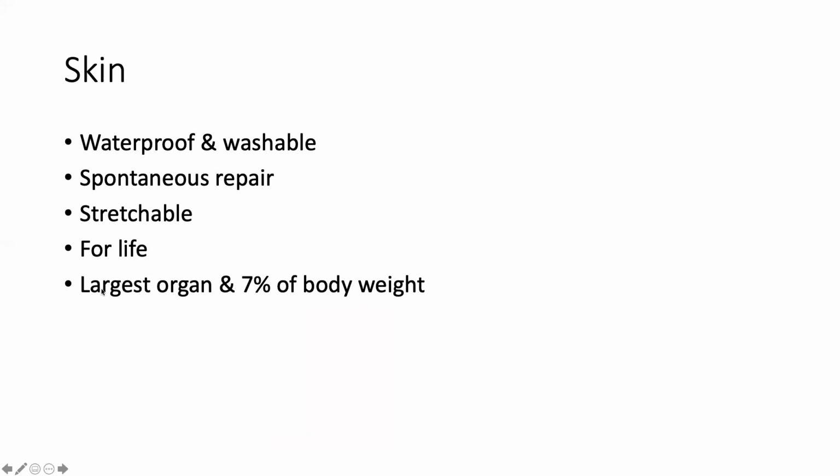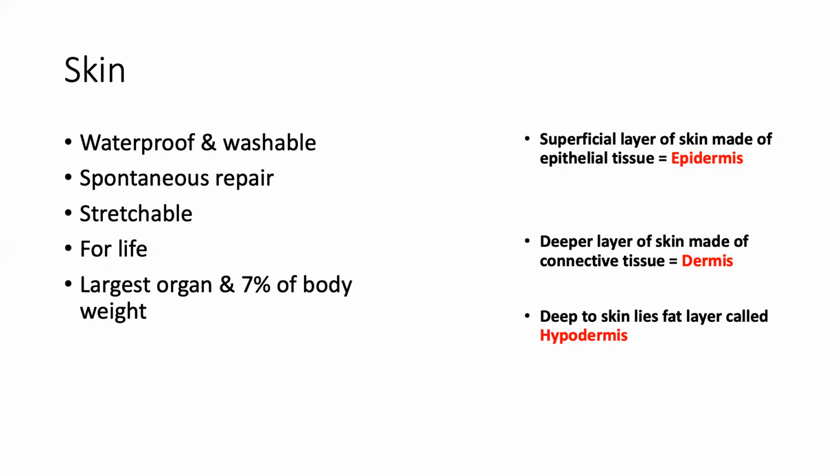And it is the largest organ in our body, which contributes 7% of the body weight. Skin is made of superficial epidermis and deeper dermis layer. So the combination of epidermis and dermis makes the skin. Hypodermis is deeper to the dermis, but it is not included in the skin.